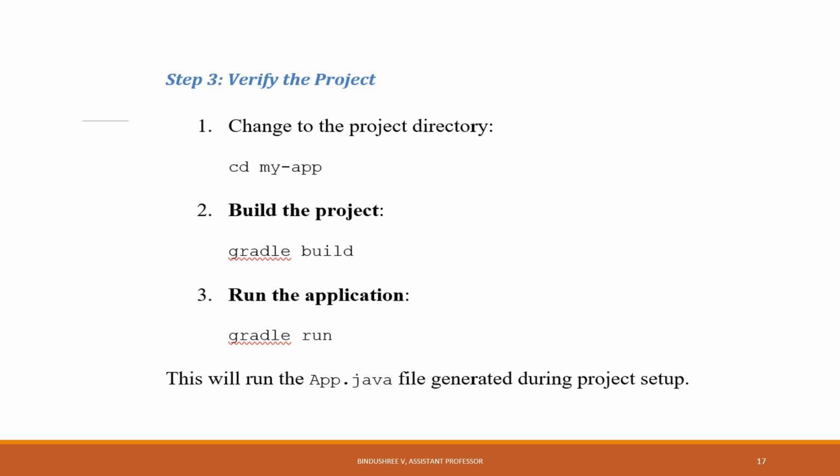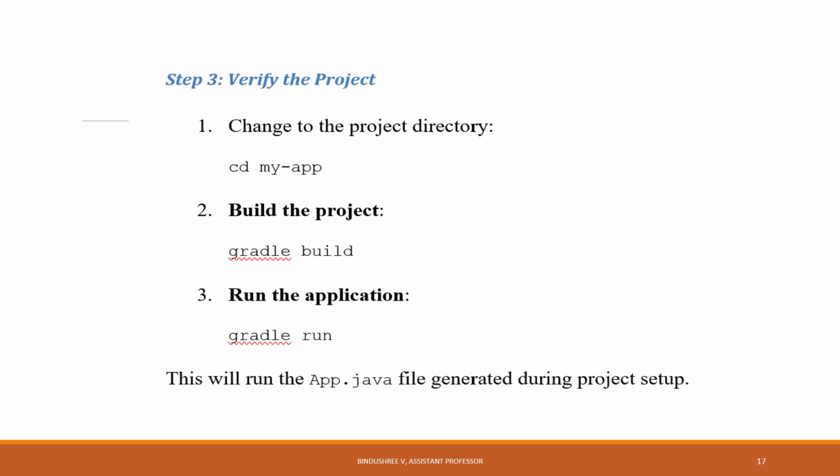Gradle build automates the tasks by compiling, packaging, testing and deploying your software. Everything will be automated. It will directly compile, package, test your project and deploy the software.